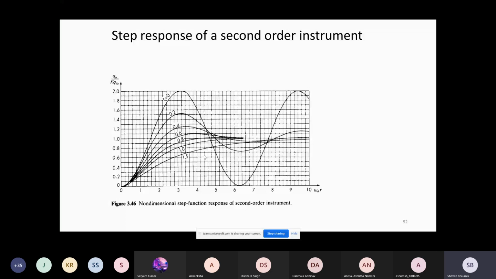That time we will read. For the time being, you think that zeta more than 1 is not desirable, zeta equals 0 is not desirable. Generally, the second order system works under this condition, and it is the most preferred case of operation. Although oscillation is present, oscillation dies down quickly and it reaches the steady state. So this is the step response of a second order system.